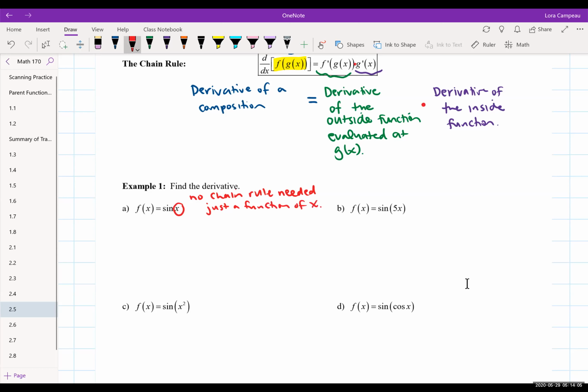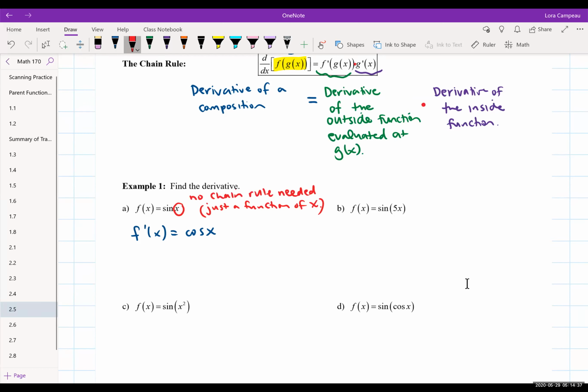You could kind of use the chain rule, but the derivative of 1x is the coefficient, it's just 1, so the chain rule wouldn't really matter at this point. Technically we're using it, but we never thought of it that way before. The derivative of sine of x, as we reviewed from the last section, is cosine of x. So we're good.